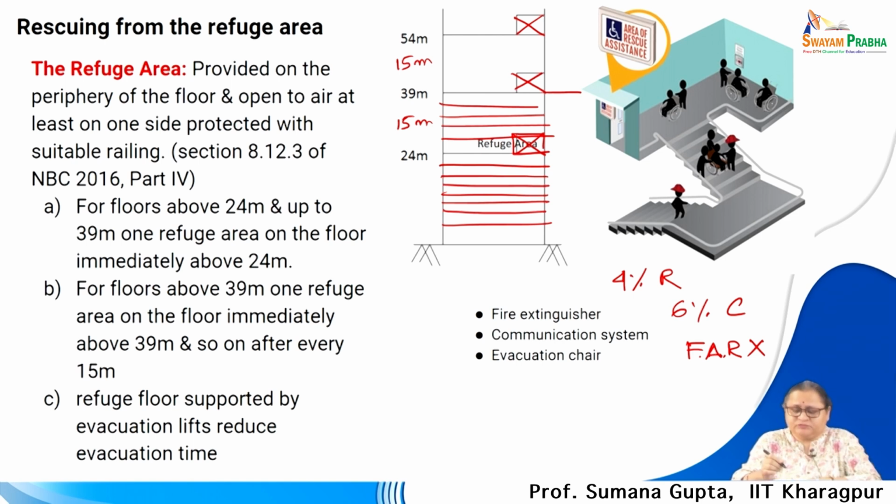So, what are the important things there should be? It should be an area for rescue assistance, there should be an evacuation chair, there should be a fire extinguisher, and there should be a communication system.